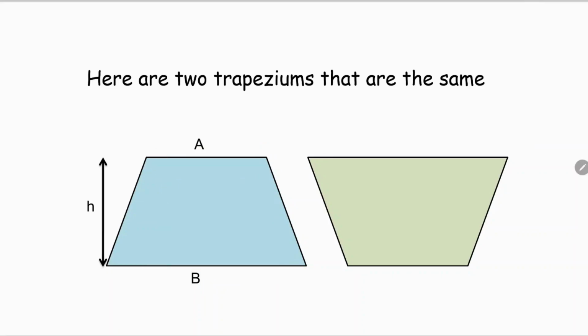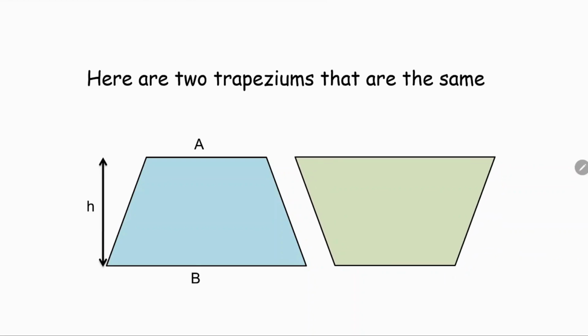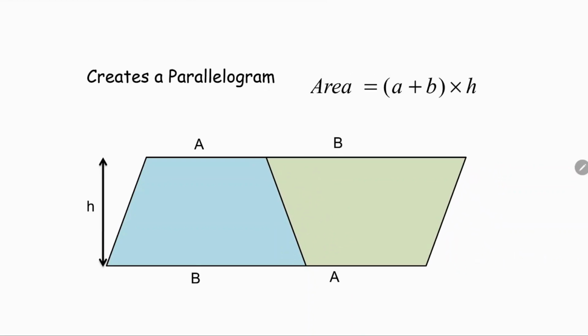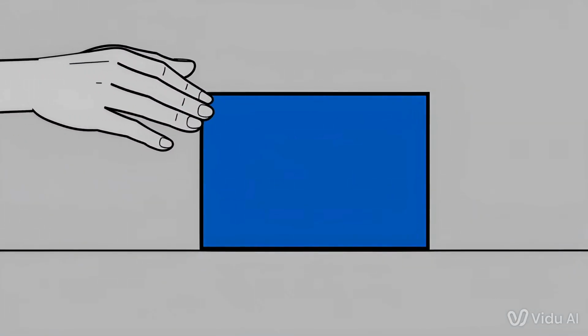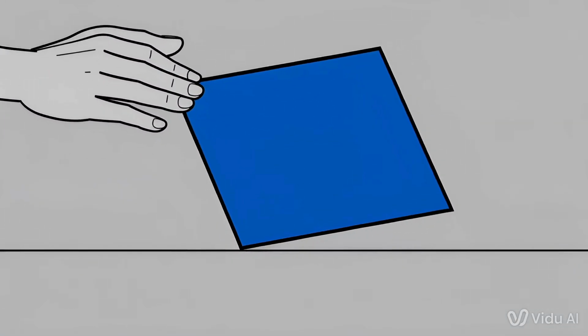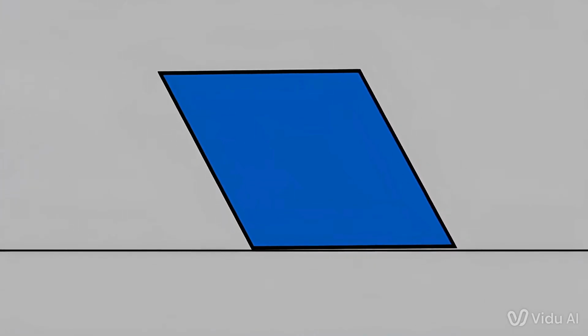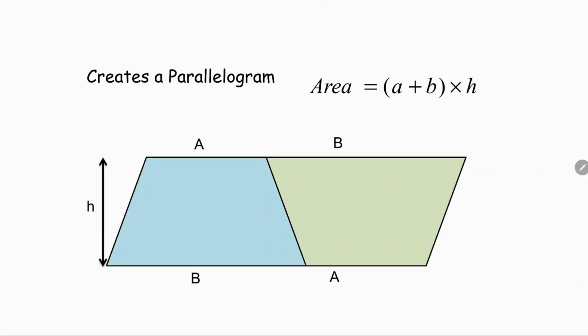If we were to put the trapeziums together, we would end up with a parallelogram. Now, the parallelogram is just a rectangle slightly tilted over on its side. And to find the area of a rectangle is just base times height.